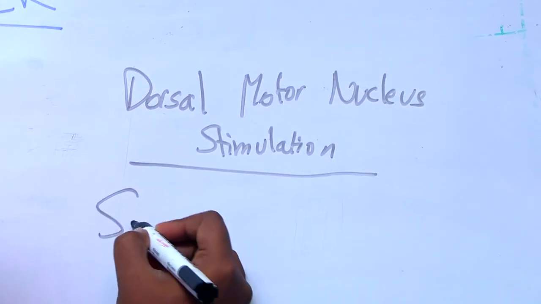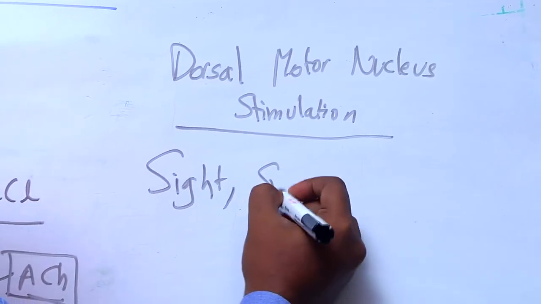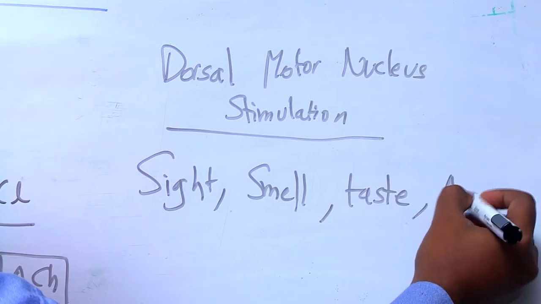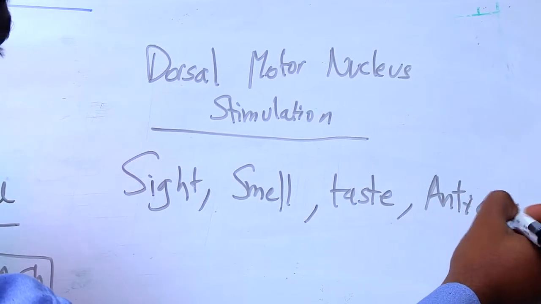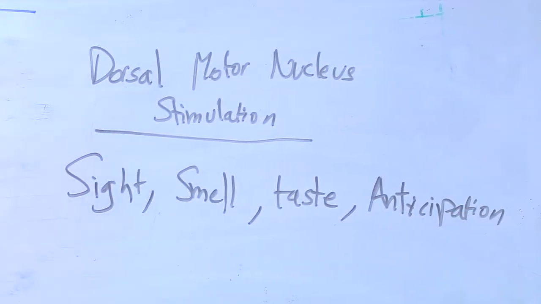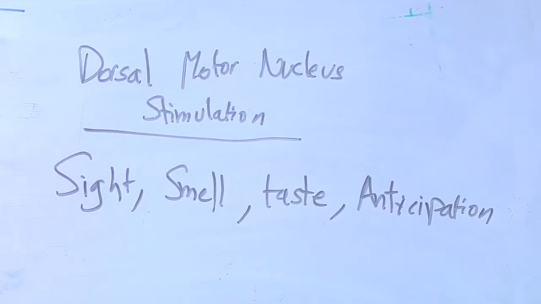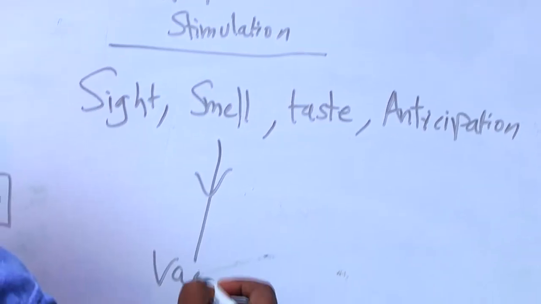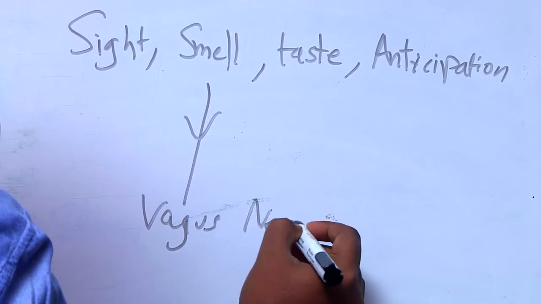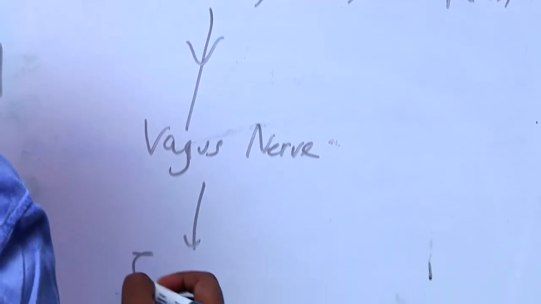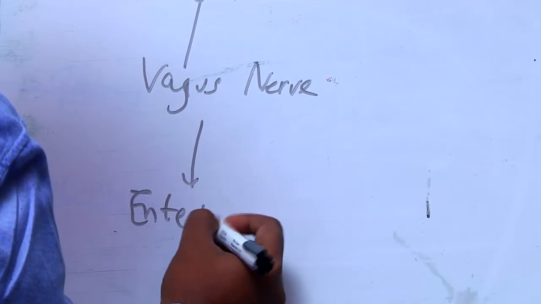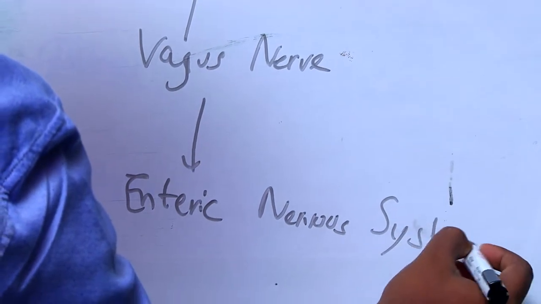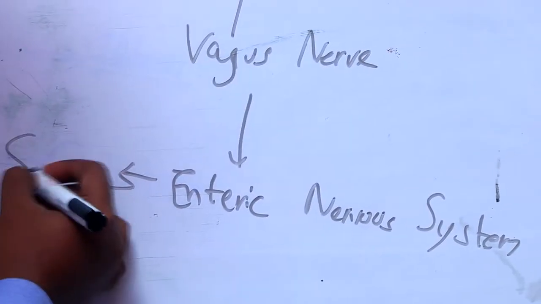What I said, the sight, smell, taste or even anticipation of food, all these cause the stimulation of the dorsal motor nucleus, from which it sends signals via the vagus nerve to the enteric nervous system to which your stomach is coupled, right?